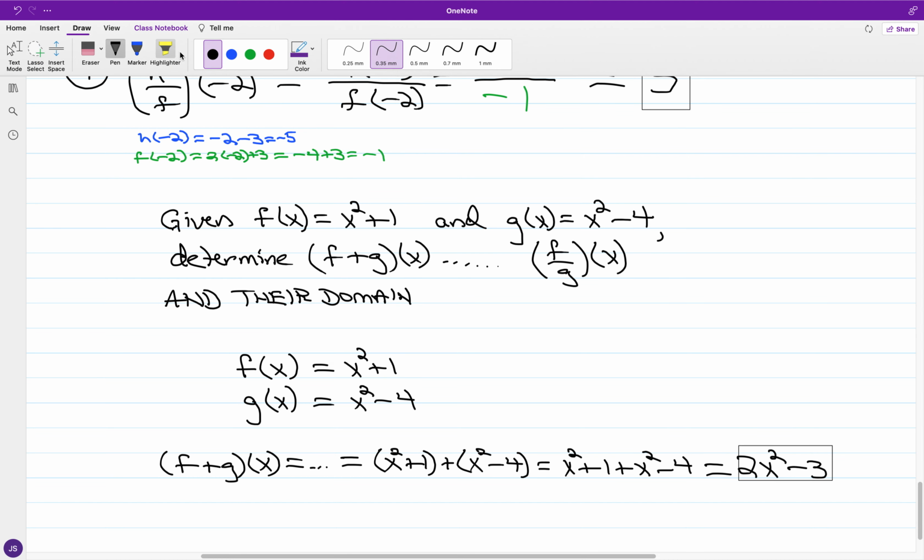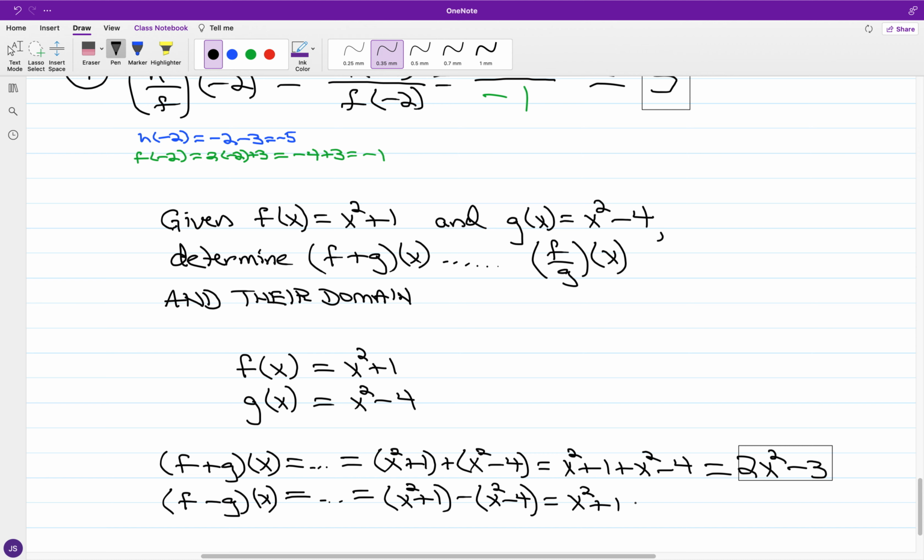All right, now for f minus g of x. So you've got the difference between the same functions, and just removing parentheses, you have x squared plus 1.